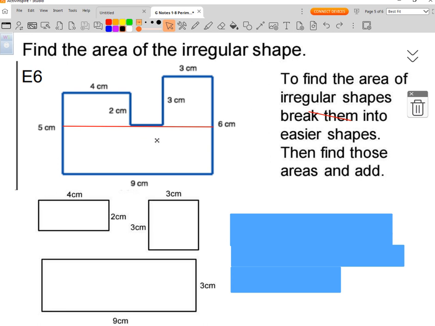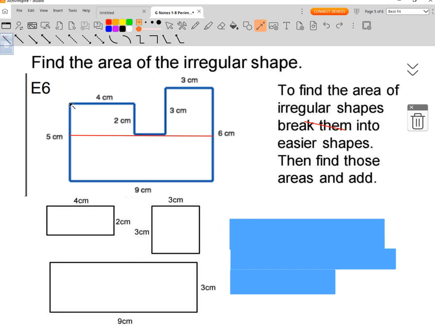We have to be able to mathematically find it. How about, we know from here to here is 5, right? And from here to here is 2, so this and this would be the same length, right? So if the whole thing is 5 and this is 2, then we subtract the 2, and now we know that this is 3. Does that make sense?